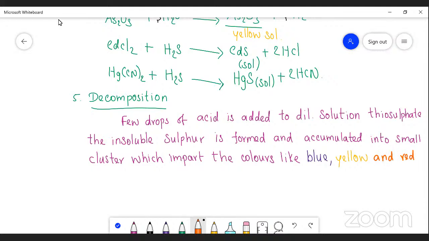So here we add a few drops of acid to the dilute solution of sodium thiosulfate. The insoluble sulfur is formed and accumulates into clusters, which impart a blue, yellow or red color, depending on the size of the colloidal particle.